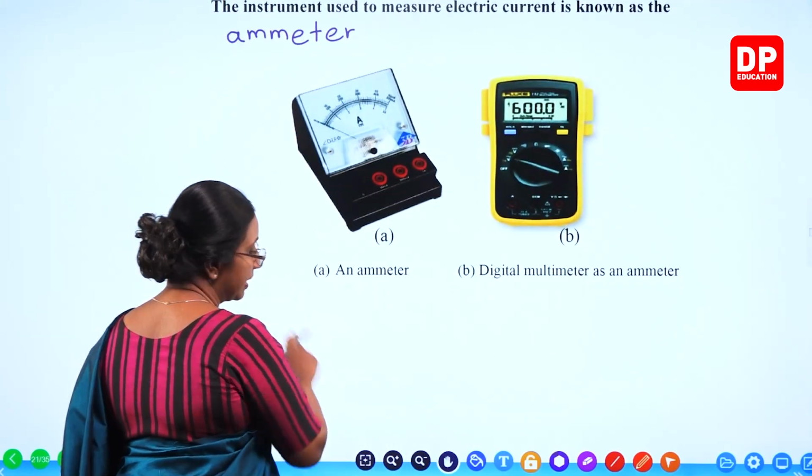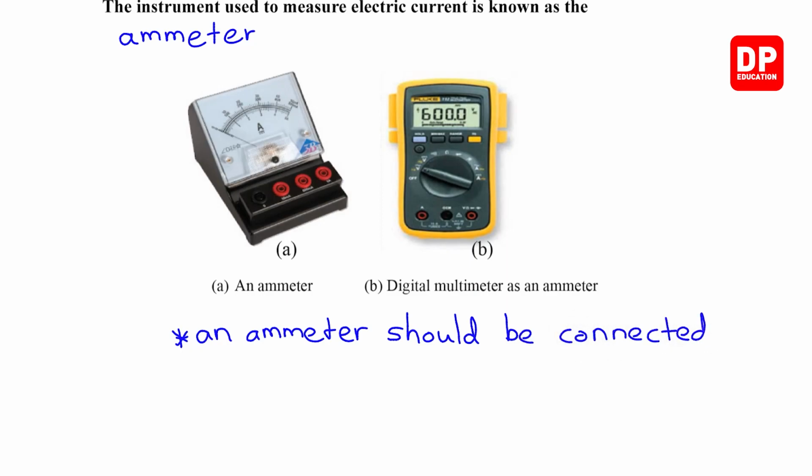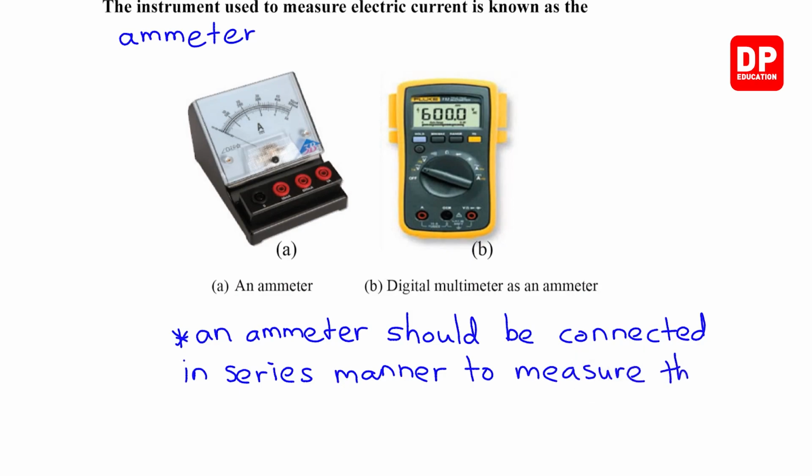So you have to remember that an ammeter should be connected in series manner to measure the total current flowing through a circuit.